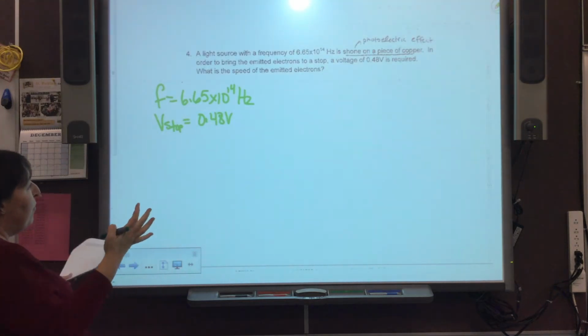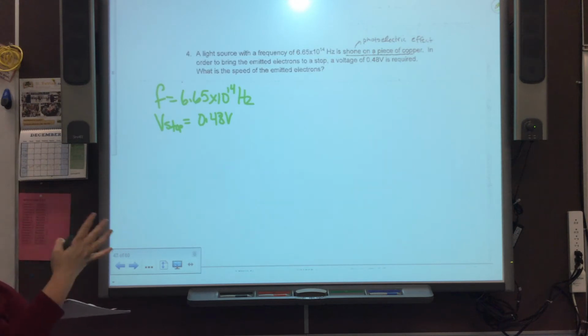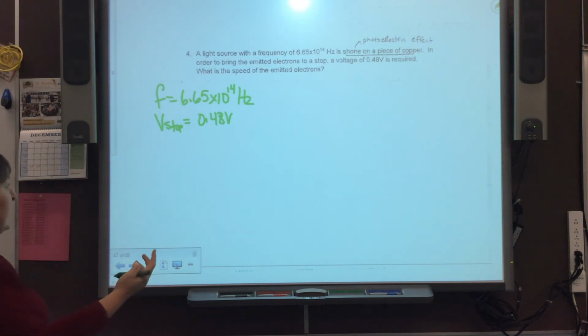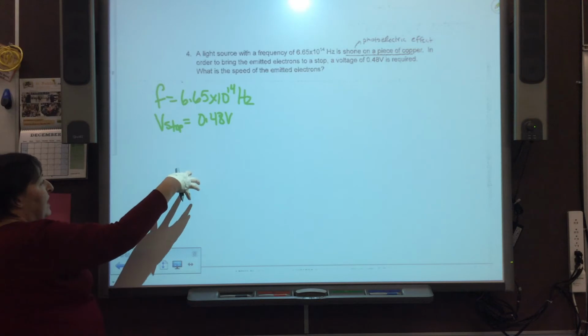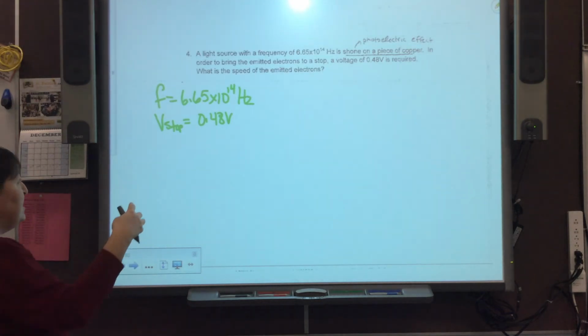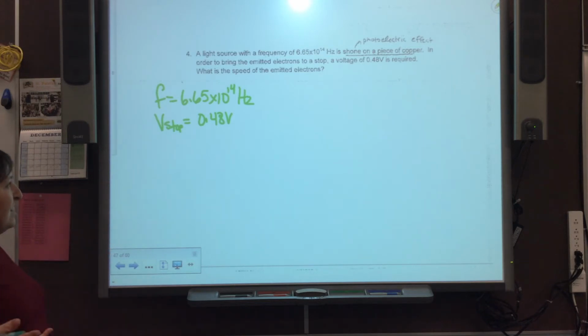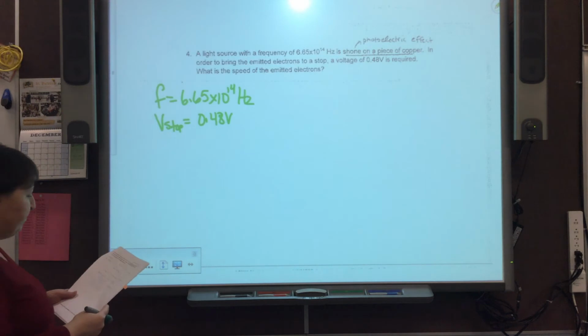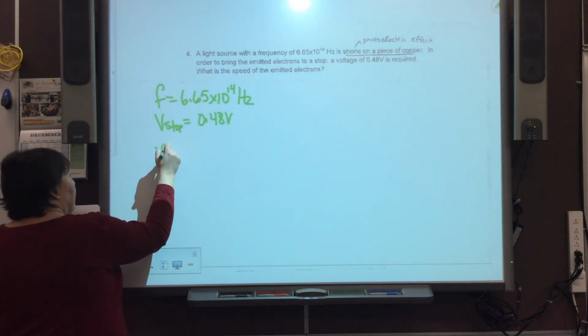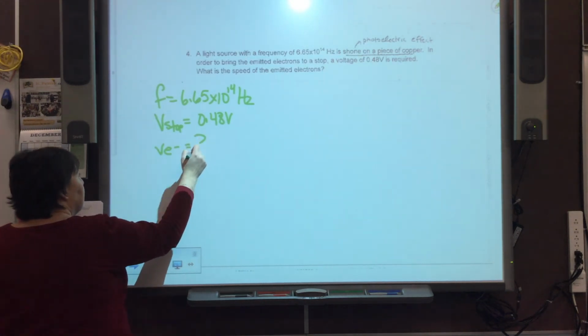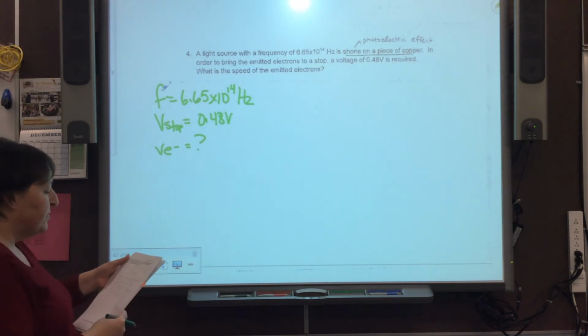It's going to be really important that you start putting units in if you haven't been in the habit of doing that, because if I look at the size of this F and the size of that V, I'm going to think that maybe it's velocity. So make sure you're putting your volts in. And the velocity of your electrons is what we're looking for.